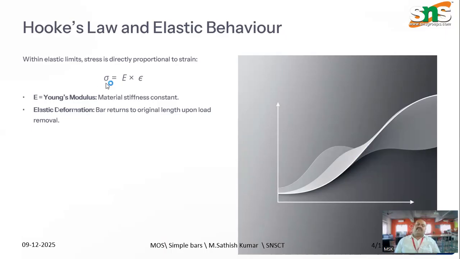The constant of proportionality is E, which we call Young's modulus, the material stiffness constant. It is very important, and it is not the same for all materials. It may be constant for a particular material, but different materials will have different Young's modulus, which we will discuss when we solve problems. And elastic deformation means bars return to original length upon load removal. That is what Hooke's law is all about.